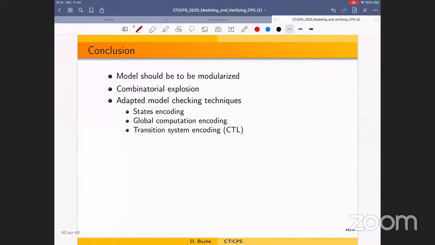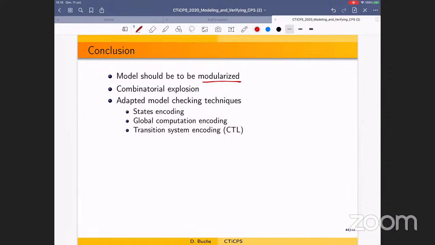Okay, so in conclusion, I would say that what I presented showed that in order to tackle the complexity of systems, it's necessary to modularize the systems.